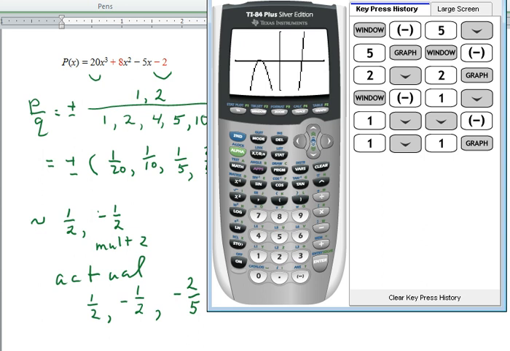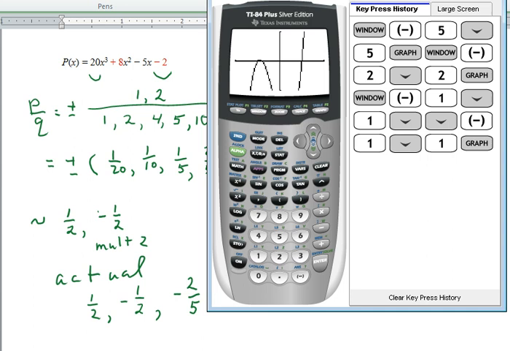It's still very, very hard to see that we have 2 different zeros on the left side of the y-axis.